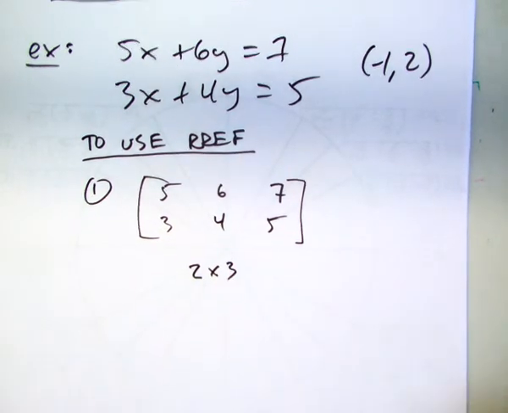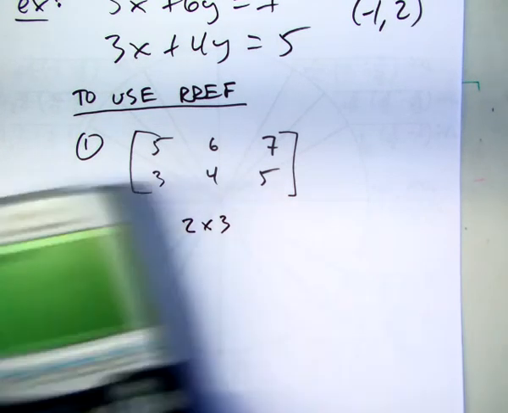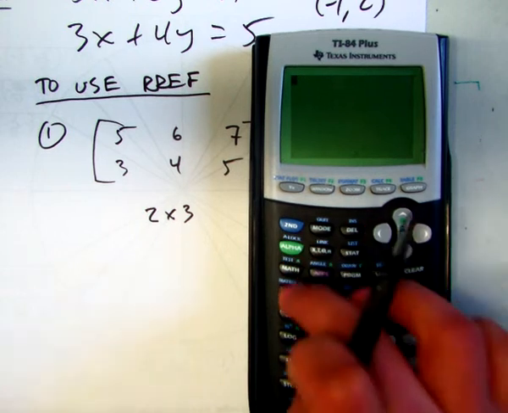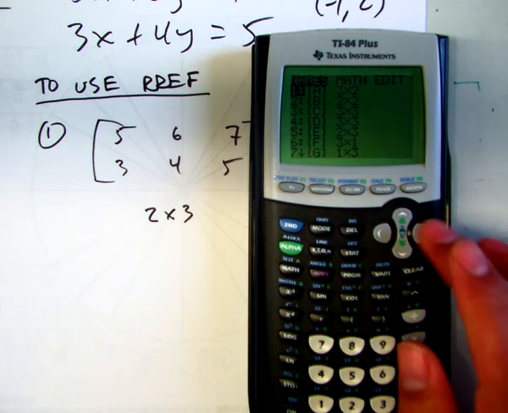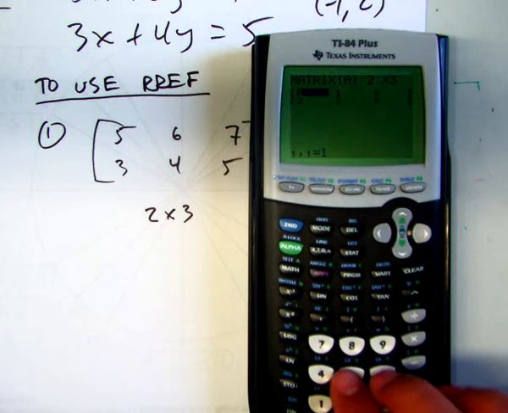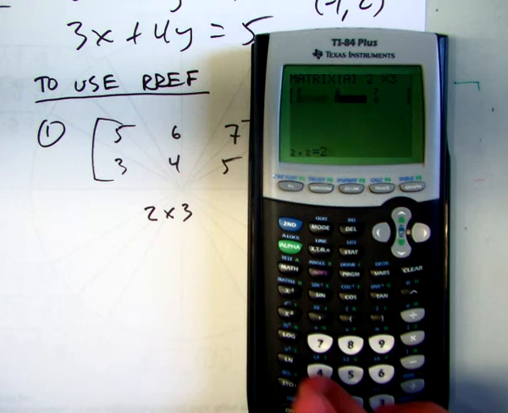Go ahead and program this into your calculator real quick. So, matrix menu, edit. I'll just stick it in A and change it to a 2 by 3. And just change the numbers so they match. 5, 6, 7. 3, 4, 5.